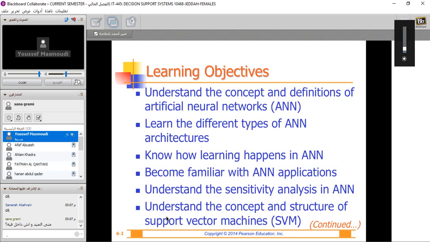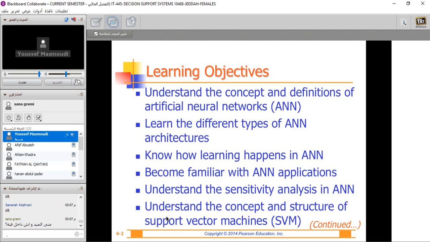Know how learning happens in artificial neural network. Become familiar with artificial neural network applications. Understand the sensitivity analysis in artificial neural network, how we can do the sensitivity analysis when we change the parameters of ANN.